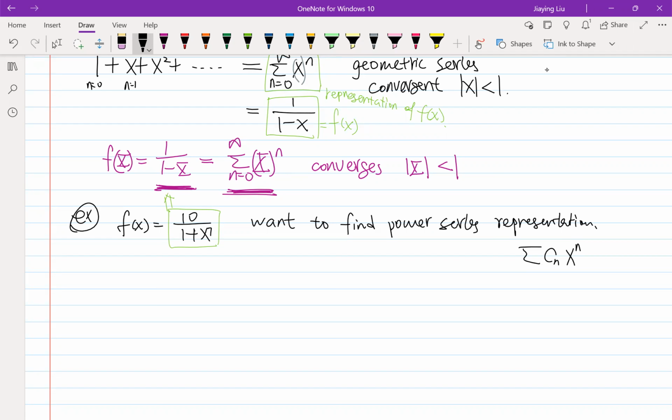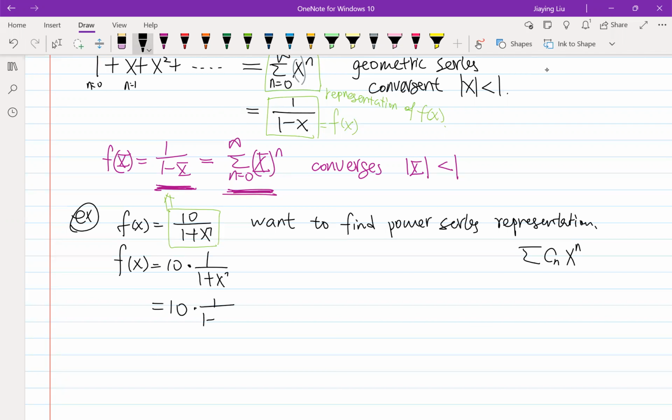So I'm going to put 10 aside from the numerator. That will give us a 1 over 1 plus x to the 7. So that's one step closer to the form that I wanted. The numerator is 1 now, it's good. The denominator also begins with 1, that's good. But I want a subtraction instead of an addition in the denominator. So I'm going to rewrite the denominator using subtraction.